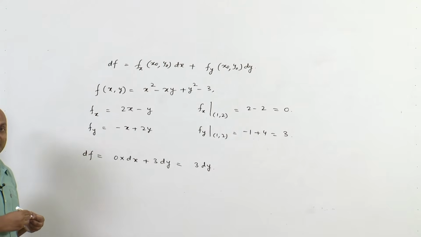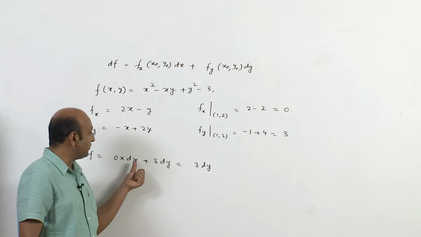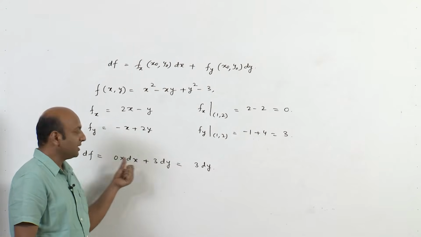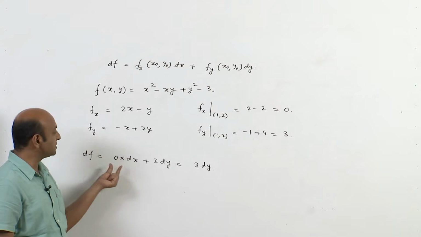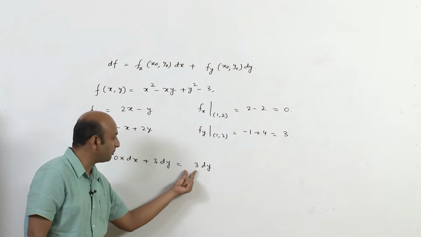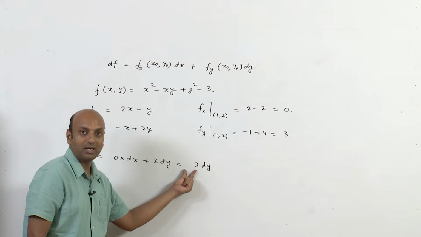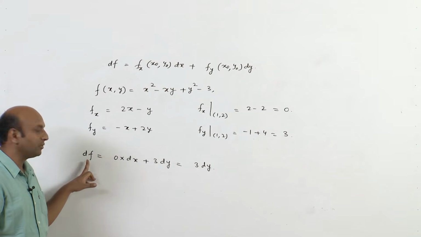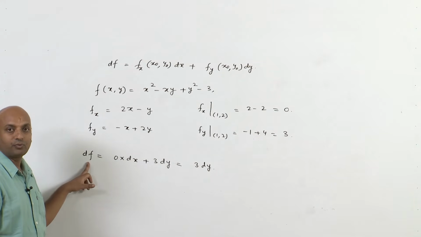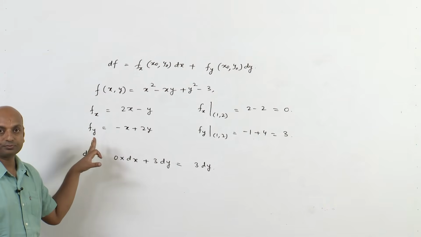So, this means if we change the value of x, there will be no change in the value of f, because there is no term of dx here. If we change the value of x, there will be no change in the value of f at the point 1 comma 2.